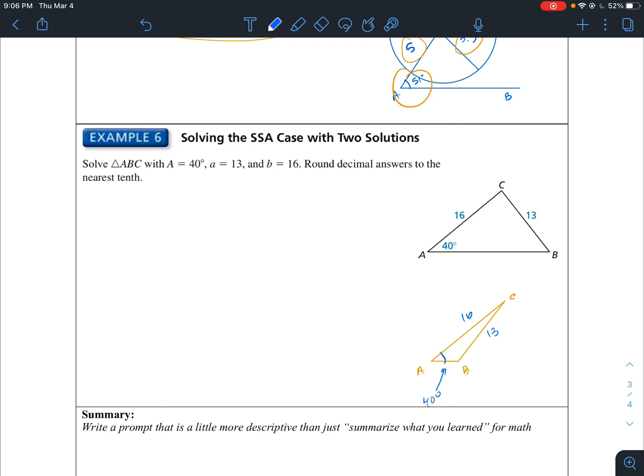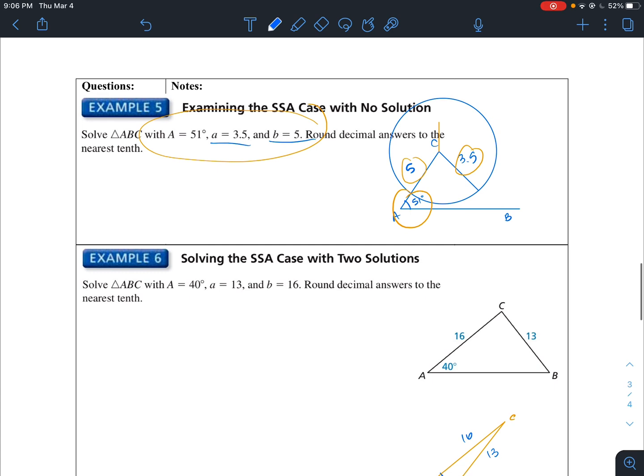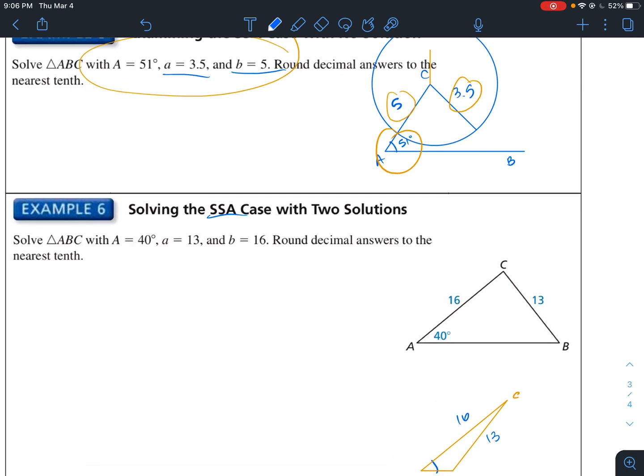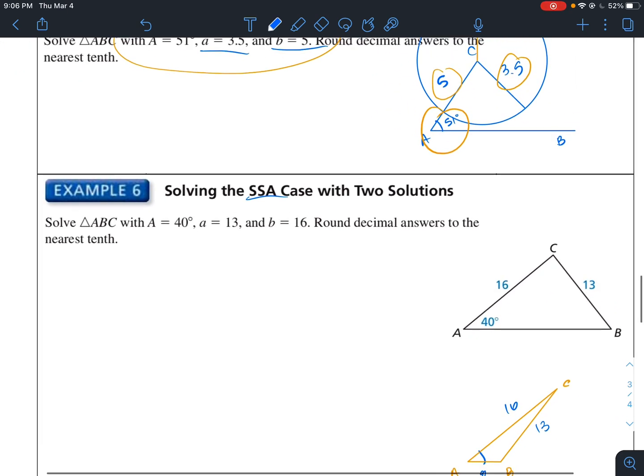So now I think at this point it's pretty clear how you can get to those solutions. You just use the law of sines. This is an SSA, so I'll find one of them. I know sine of A, which is 40 degrees, divided by 13 is equal to, we could say, sine of B divided by 16.